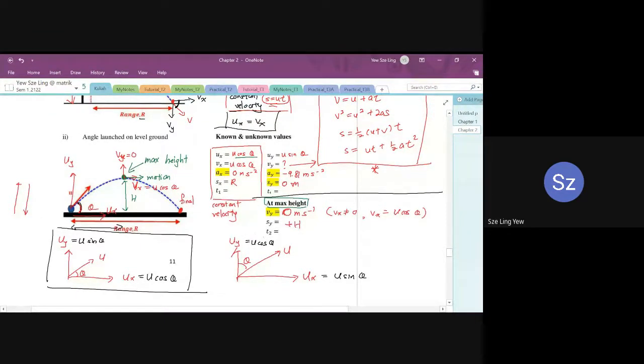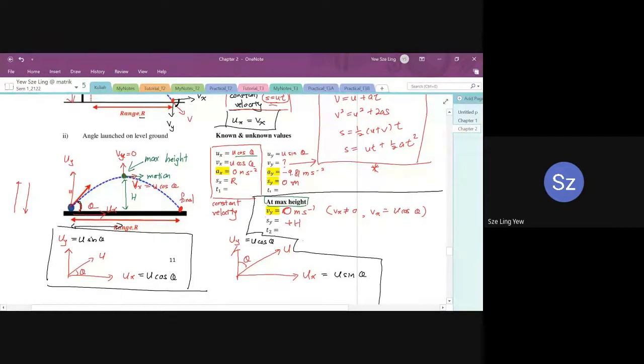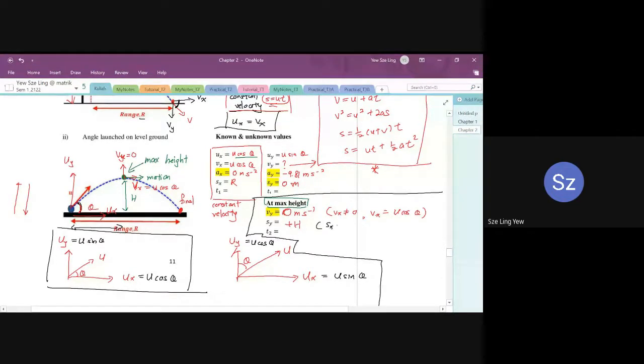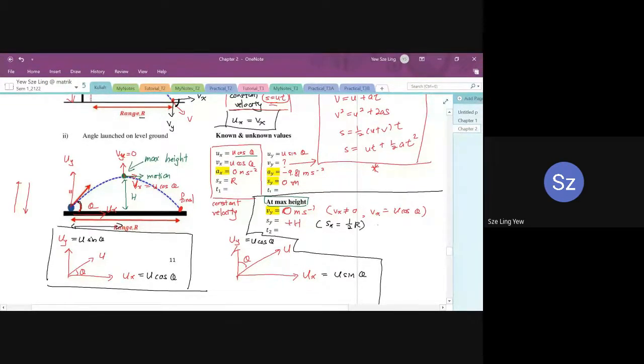So for maximum height, what am I going to do? I have sx equal to half R, half of the range, because they are symmetrical. The distance traveled by the object from initial to the maximum height, and from maximum height until it goes back to the ground, is the same.